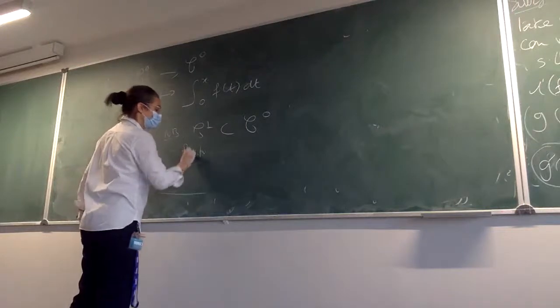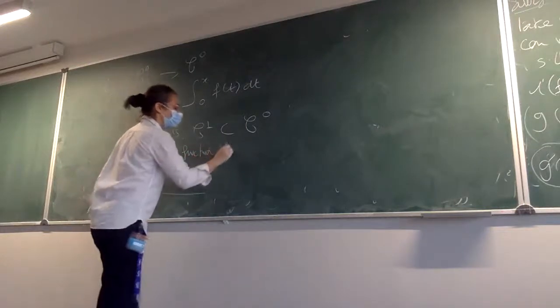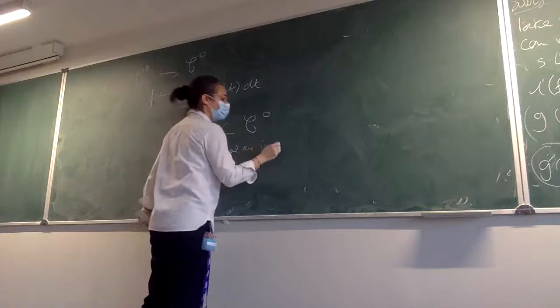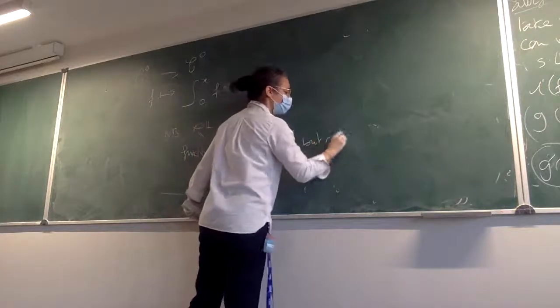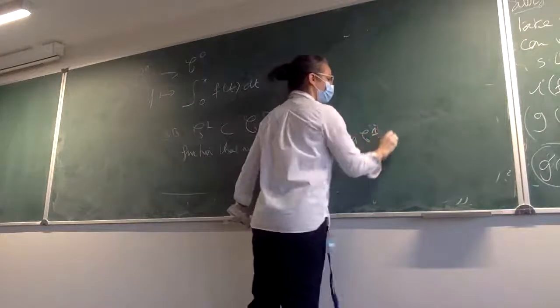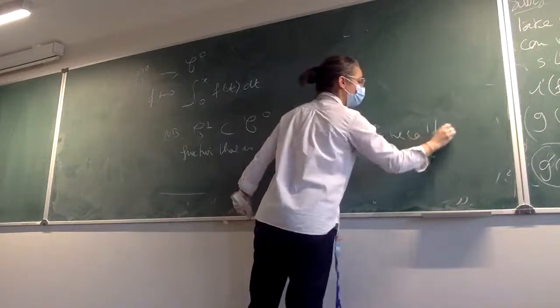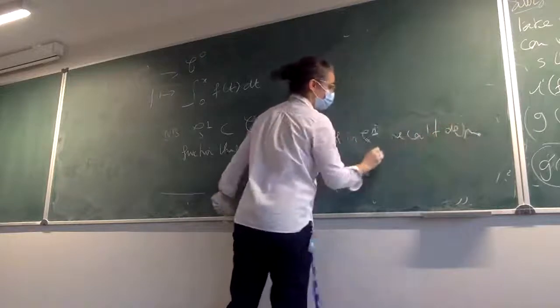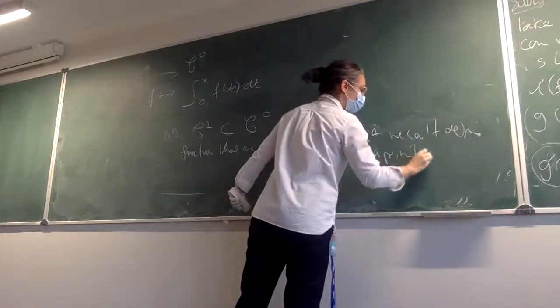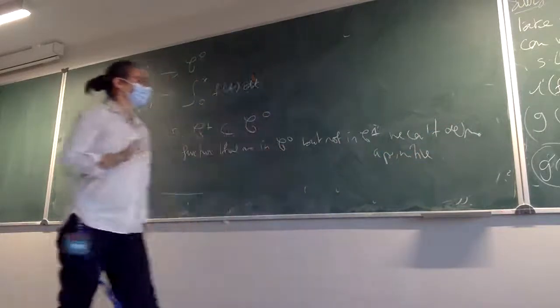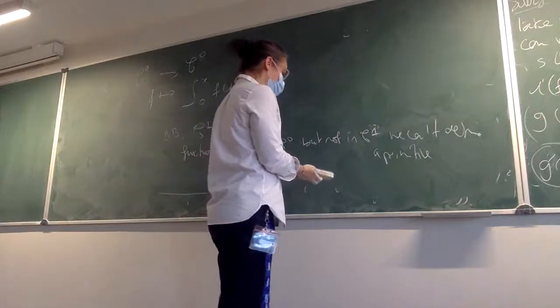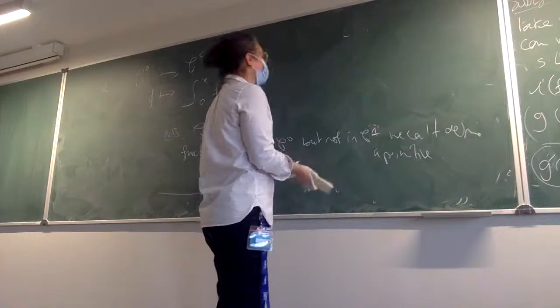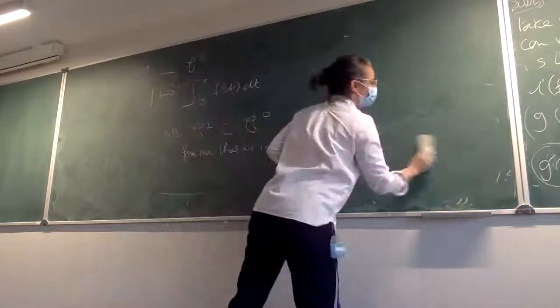Functions that are in C0 but not in C1, we can't define a primitive. No, yes, we can define... no, that's it. It's not that we can't define a primitive.